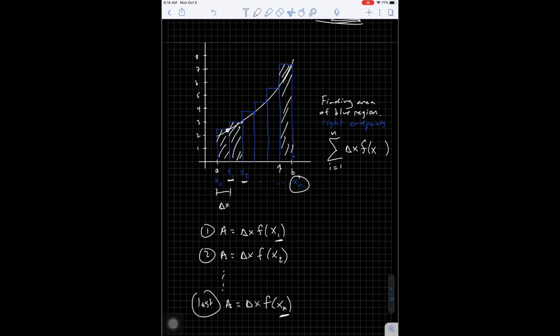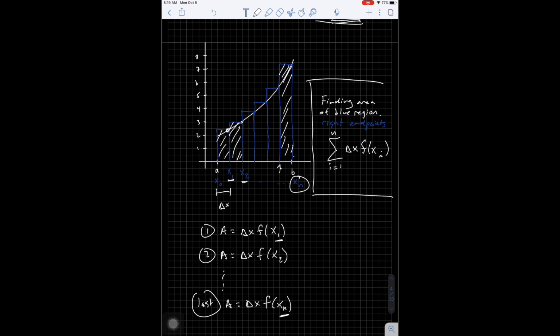So this is a little more straightforward. Well, I'm starting at 1 and ending at n. So this is just going to be x sub i. Okay, a little bit more straightforward. So this is your formula for the area under the curve using right endpoints.